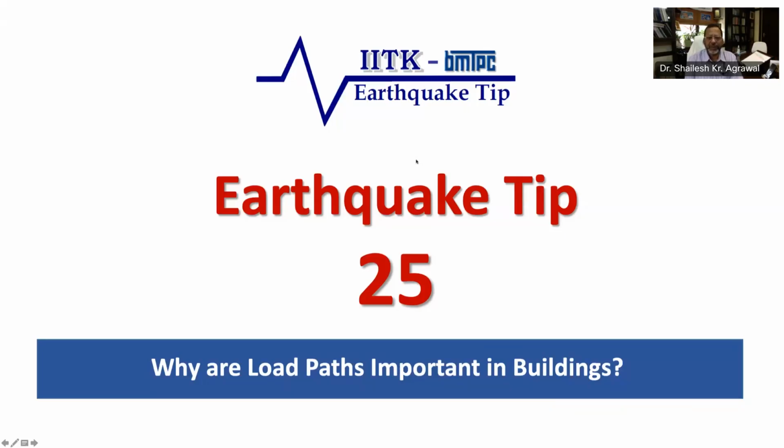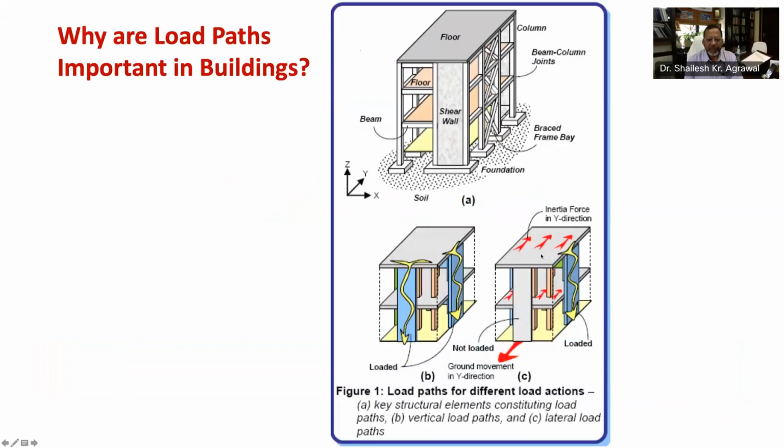This earthquake tip number 25 will explain why load paths are important in buildings. Let's first understand what load paths are through this figure. We already know that earthquake ground shaking induces inertia forces in buildings at places where mass or weight is present.